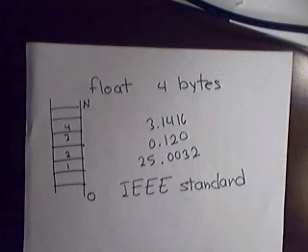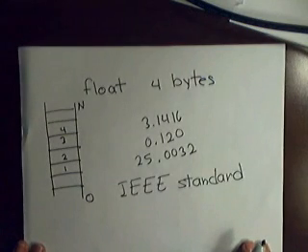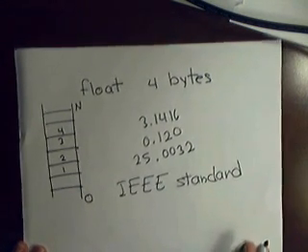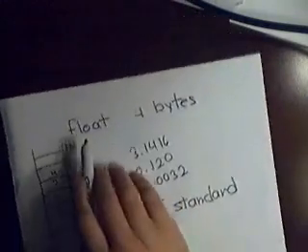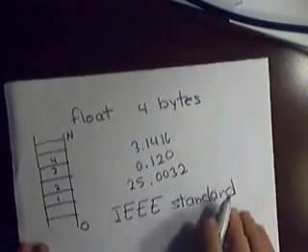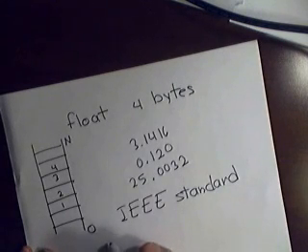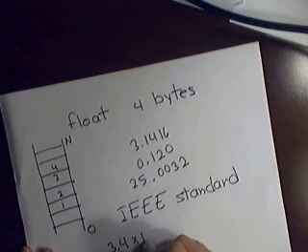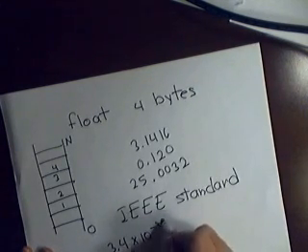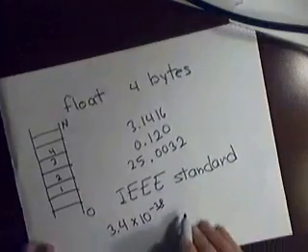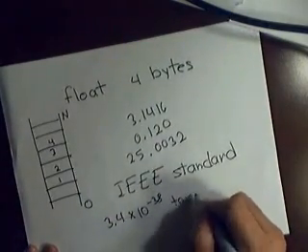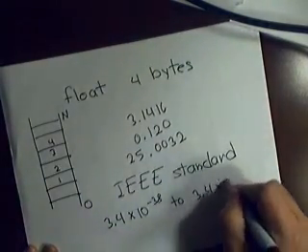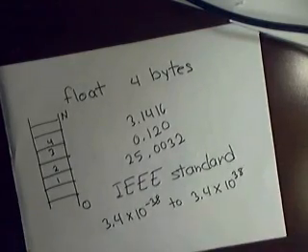But basically, what I want to give you is just the range of values. For float, we have the following range of values: from 3.4 times 10 to the minus 38, a very small number, to 3.4 times 10 to the 38.